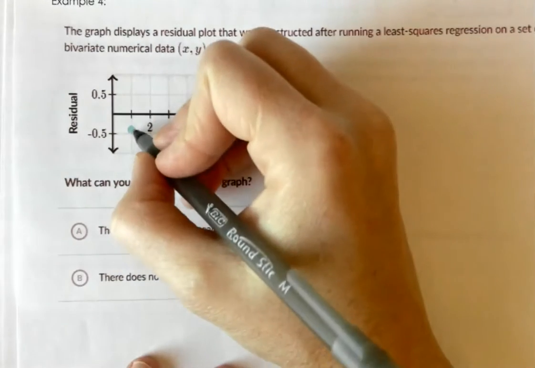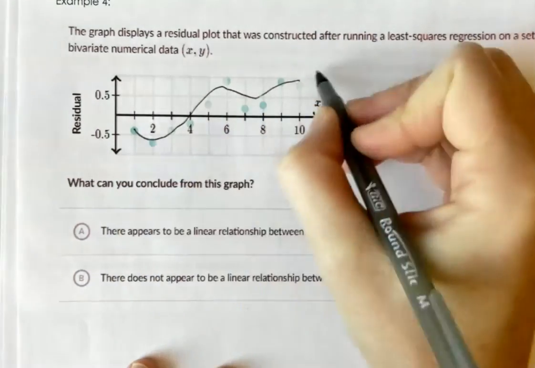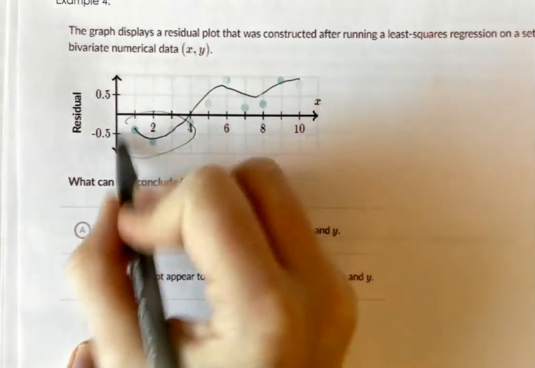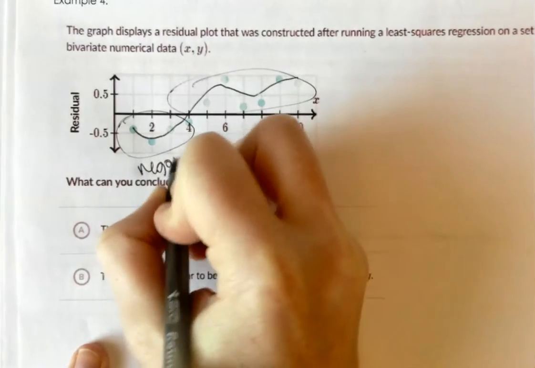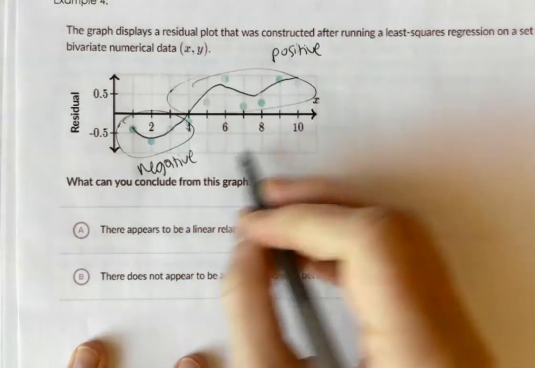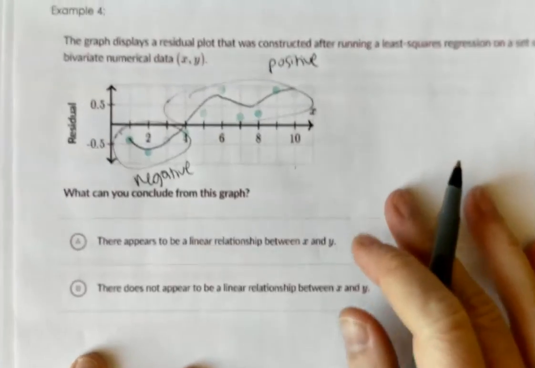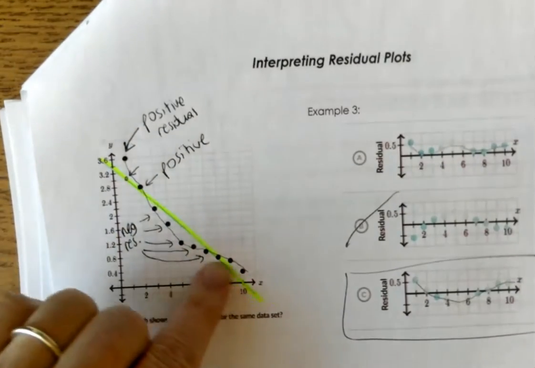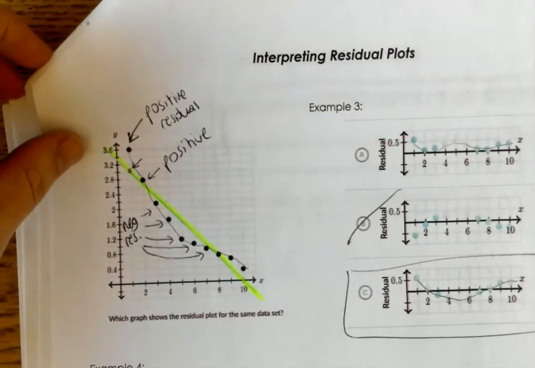Alright, looking at this, it's definitely more of a curve. Do you see how I've got negative here and then positive here? So I have negative residuals here, and I have positive residuals here. I don't have random all over the place, right? So it ends up being more of a curve like mine was here because I have a group of positive, then a group of negative, then a group of positive.